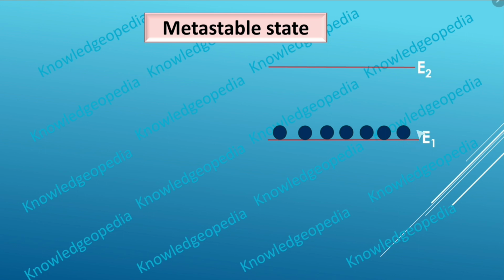We can say that there is population inversion if more than 50% of these atoms move to the higher energy state, then the number of atoms in the excited state will be more than the number in the ground state, and population inversion has taken place.